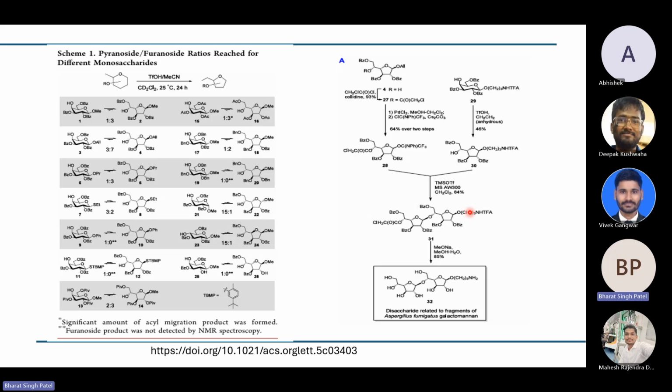Before that, whatever reports were there for furanoside synthesis of disaccharide with the linker were of very poor yield. So here they were able to show a yield of 84% for this reaction, followed by deprotection of the ester group. They were able to get this free disaccharide, which is the antigen for the Aspergillus fumigatus galactomannan.